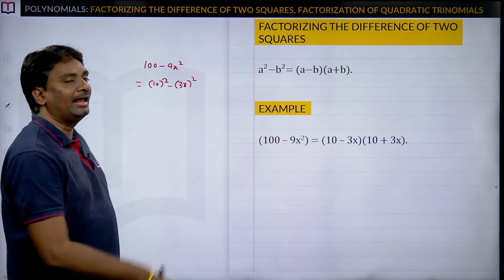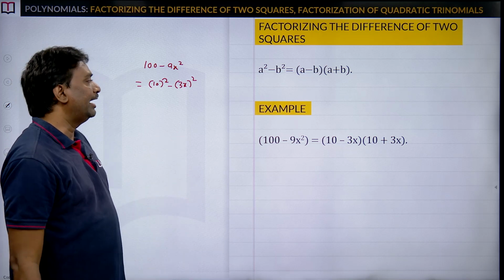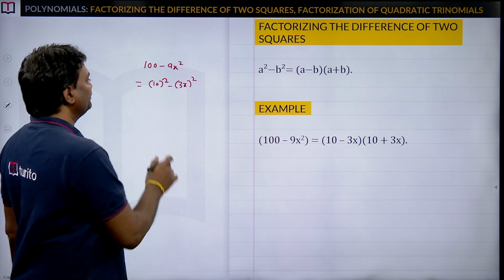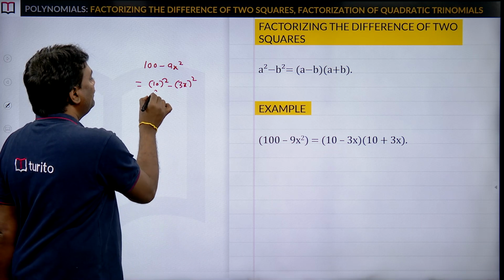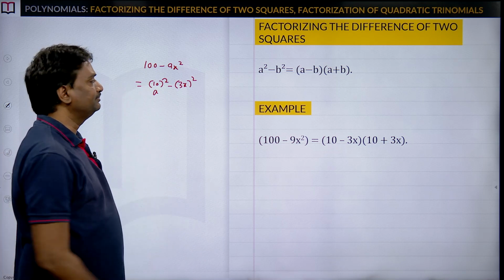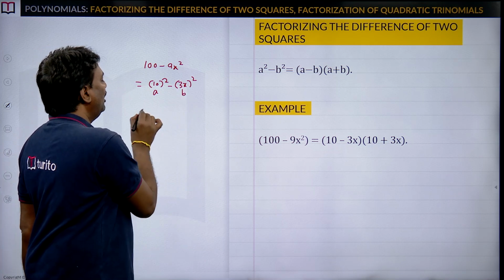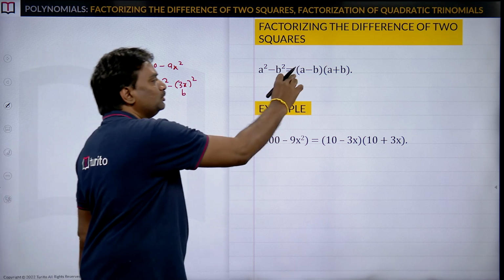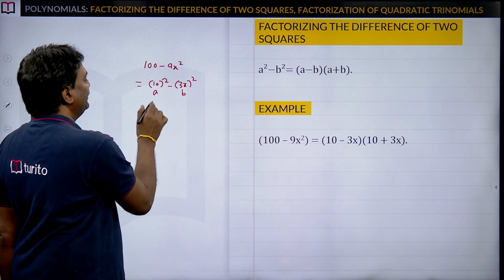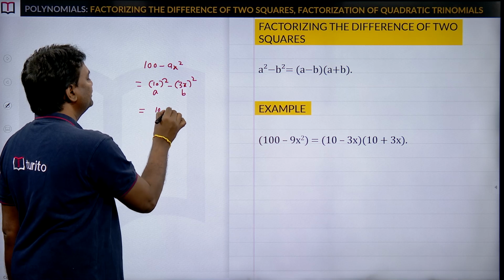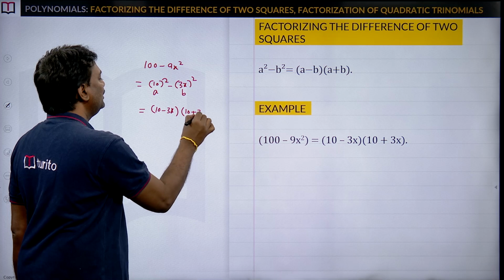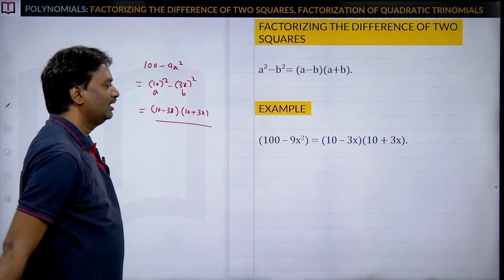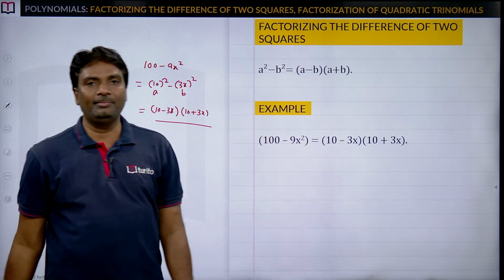Comparing with the formula a square minus b square, in place of a we have 10, in place of b we have 3x. According to the formula, a minus b is 10 minus 3x, into a plus b, 10 plus 3x. So, 10 minus 3x into 10 plus 3x.